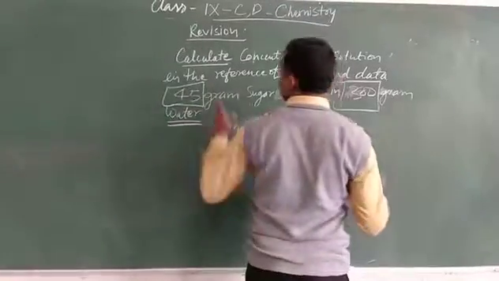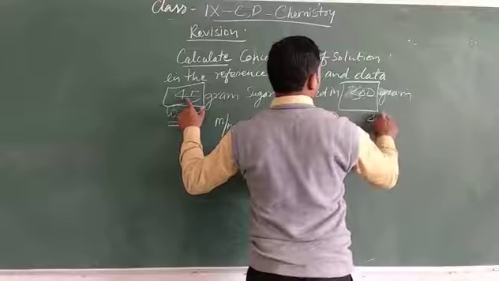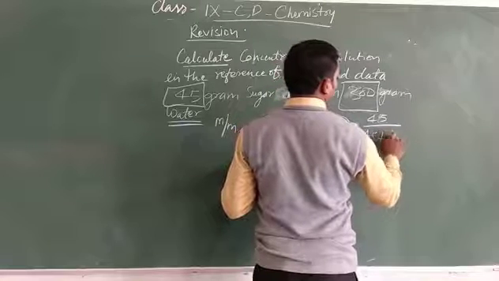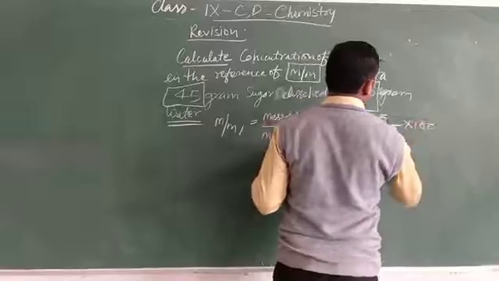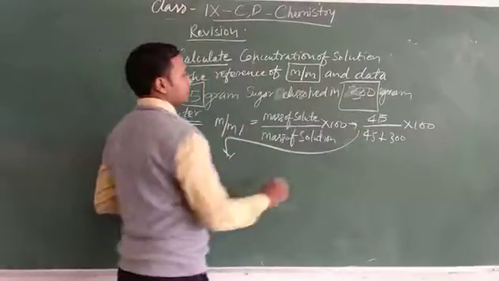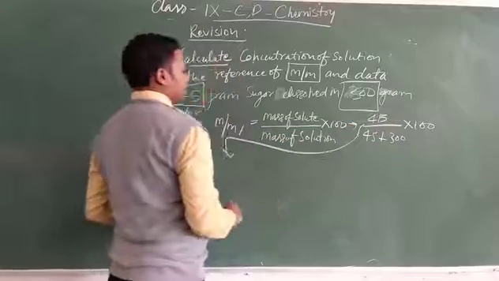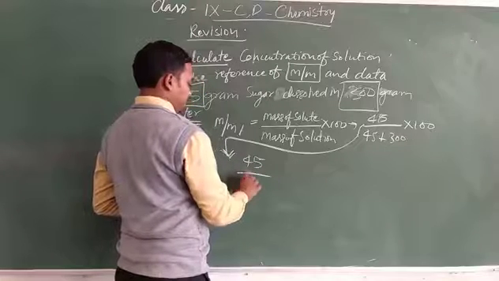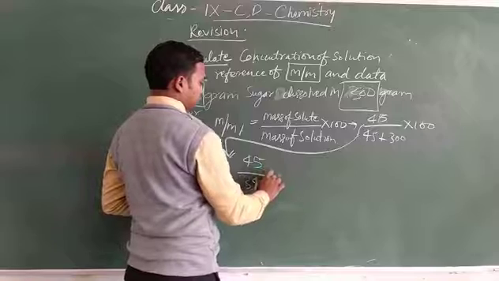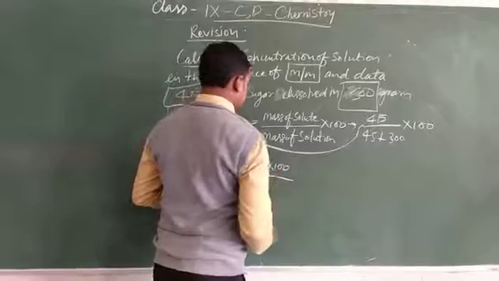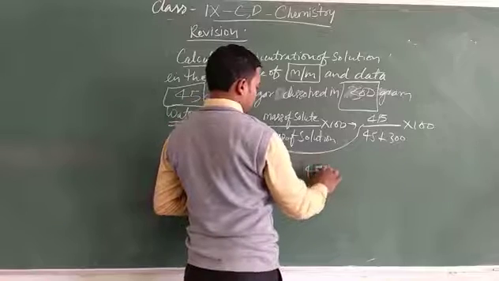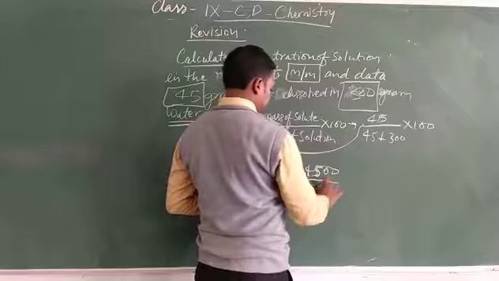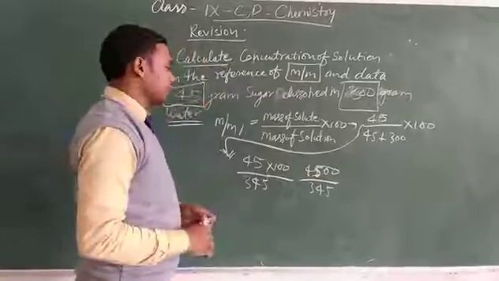Then we put the values: 45 divided by 45 plus 300 gram, into 100. That is 45 into 100 divided by 345.